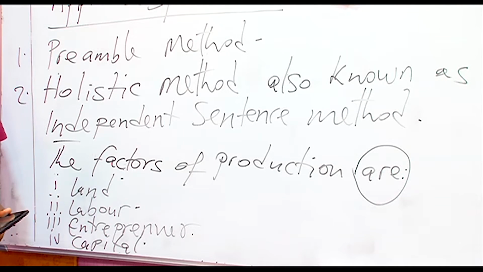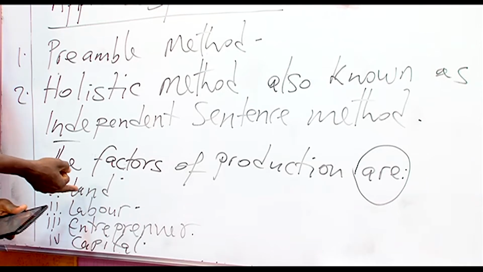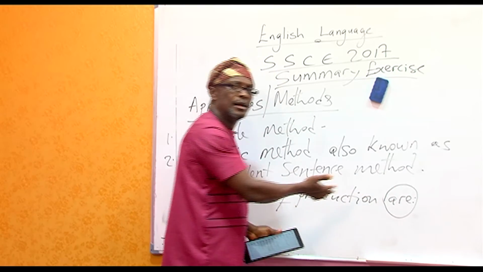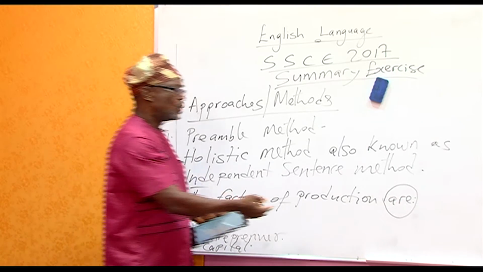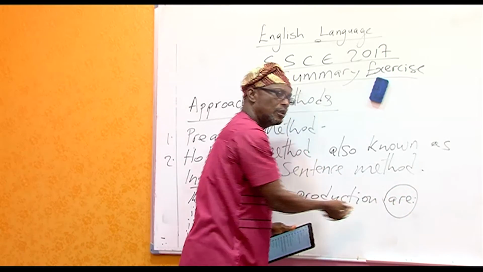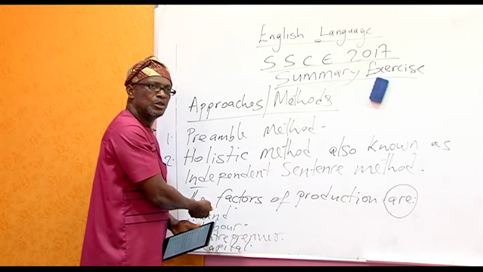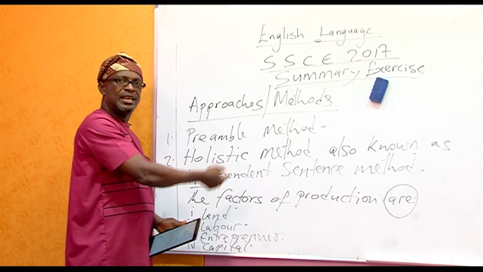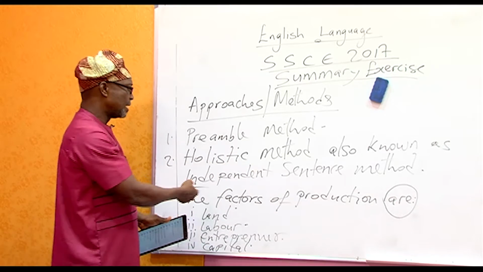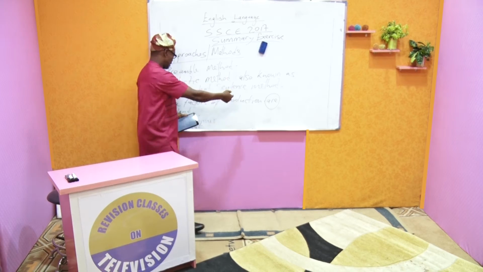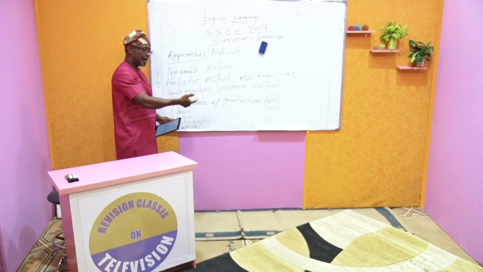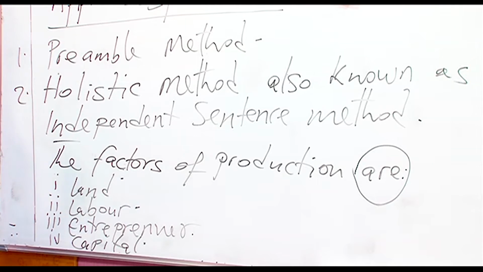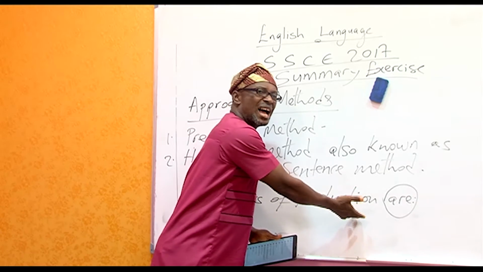And remember, land is a singular and you are using a plural. It is not forming. And again, with this colon, it means you are mentioning. So all these might be a single sentence. That is, the factors of production are land, comma, labor, comma, entrepreneur, comma, and capital. A single sentence. So in that regard, this no longer holds.